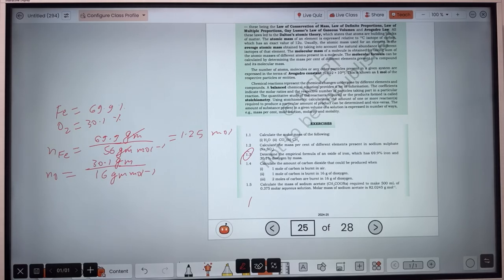In the same way, divide 30.1 by 16. So that will become 1.88 or 1.89.